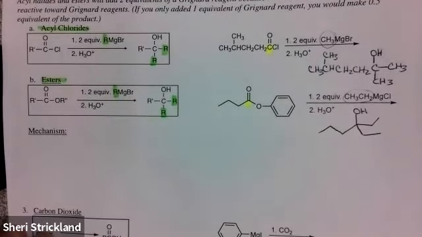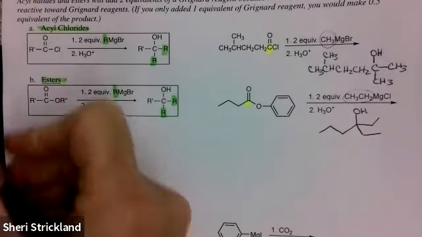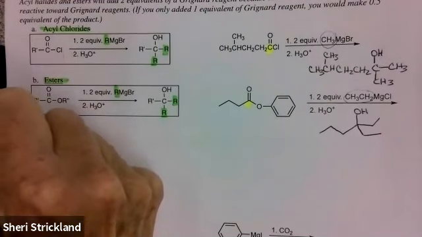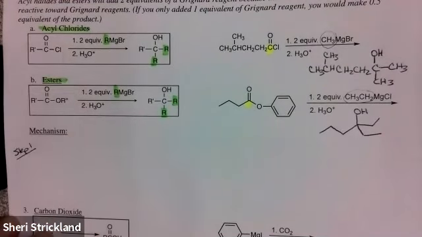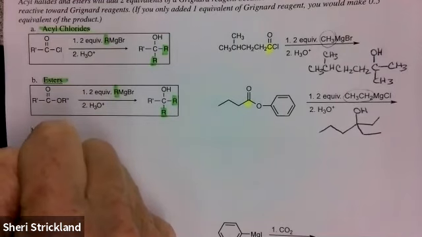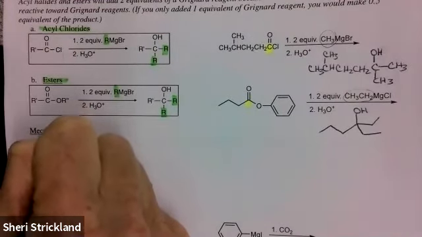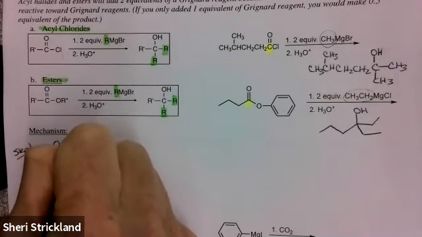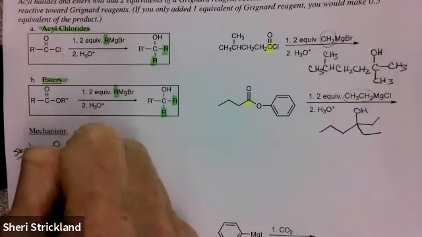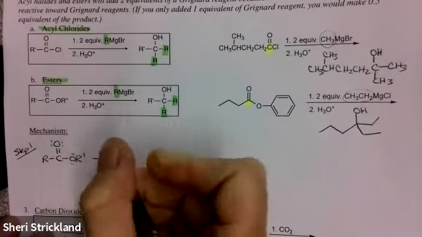I'm going to do it with the ester. It would look very much the same if you did it with the acyl chloride. But in the first step, the carbonyl compound, in this case, both of them are carboxylic acid derivatives, is attacked by the alkyl portion of the Grignard.